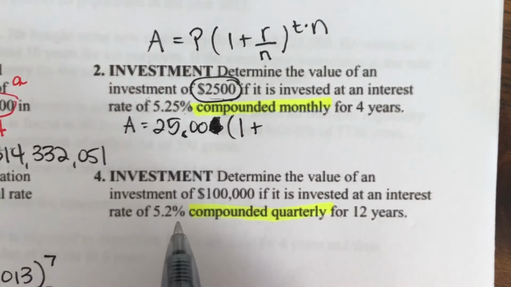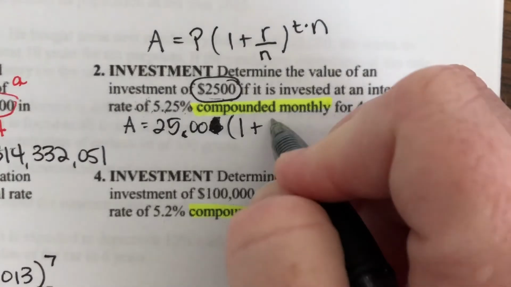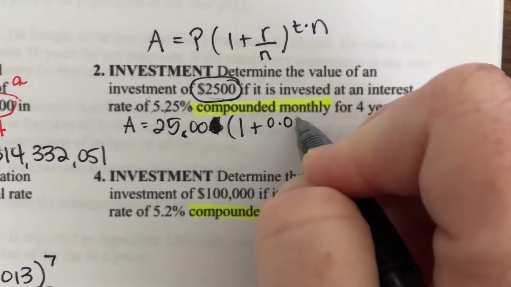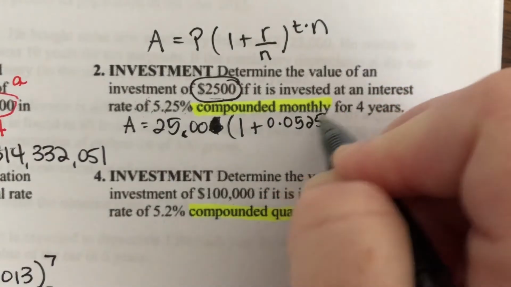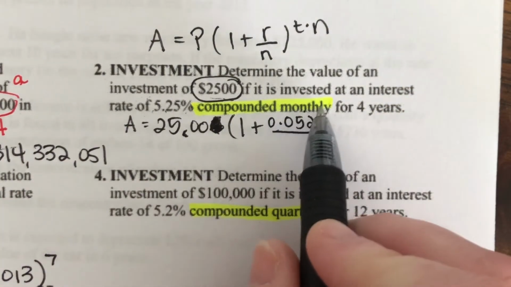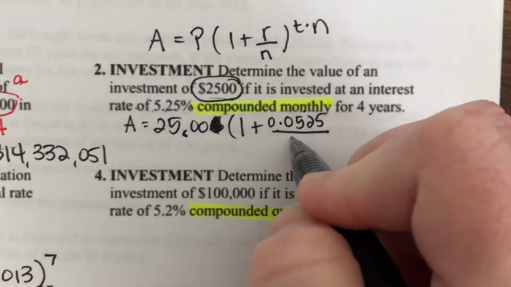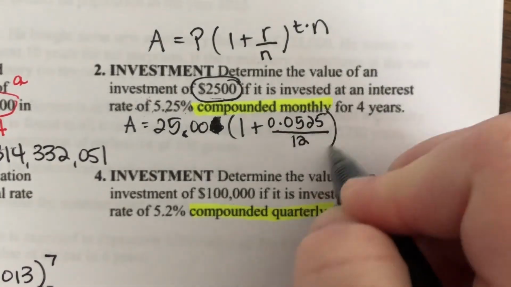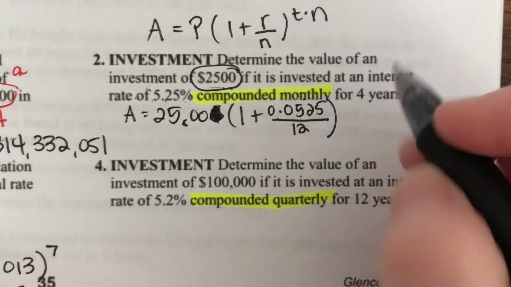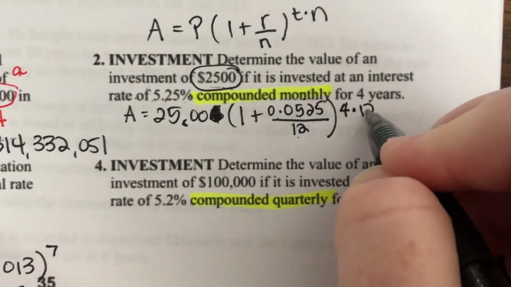It's a percentage right now, so I divide by 100. This moves backwards 2 spaces. 0.0525 divided by compounded monthly. That means in a year, we're taking this interest 12 times. So I put a 12 here. For 4 years. So t is 4, and then I've got to multiply it by that 12 again.